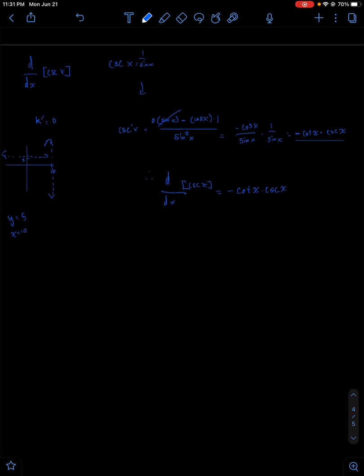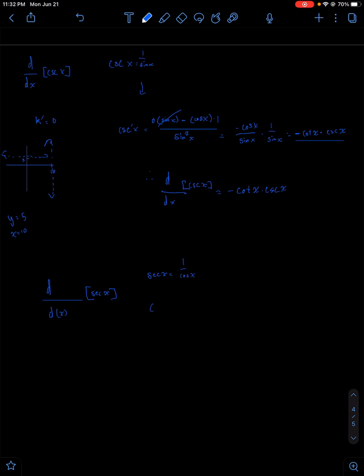Our final trigonometric ratio that we're going to cover today is secant x. Basically, we follow the same process. We know that secant x is equal to 1 over cosine x.